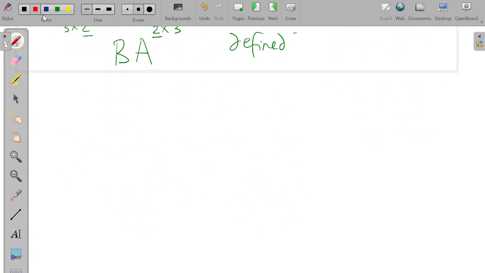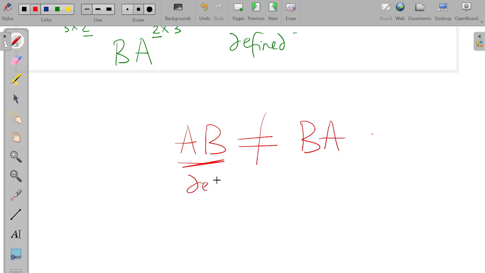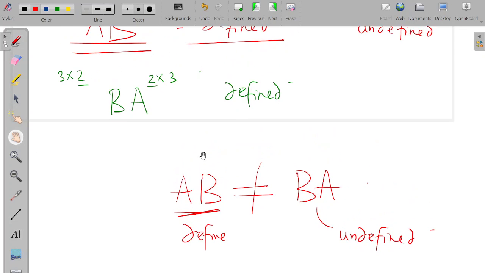But in most cases, AB, that is A multiplied by B, is not equal to B multiplied by A. Of course, the answer you get will be different, but sometimes this might be defined and this undefined. Generally they are not equal.